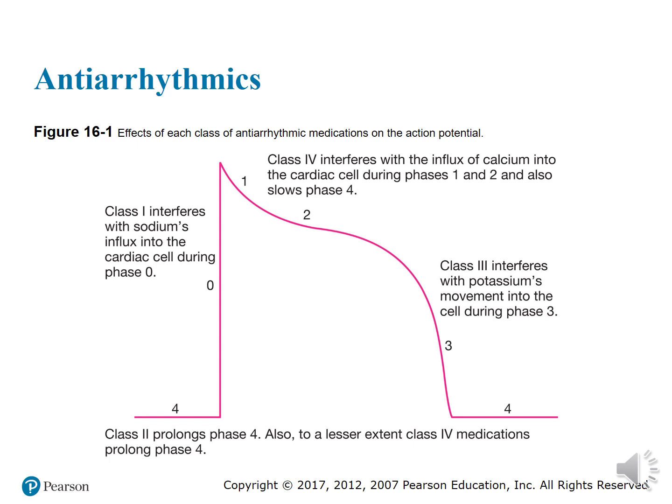If you have a class 3, which interferes with your potassium levels, it makes your phase 3 run slow, which is your T wave. And of course, class 4 medication can affect your ST segment or your early repolarization phase, your phase 1 and 2.